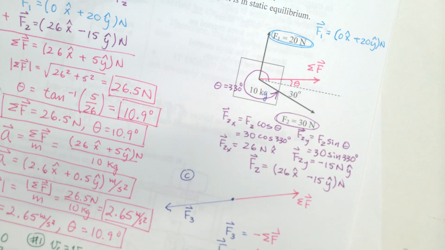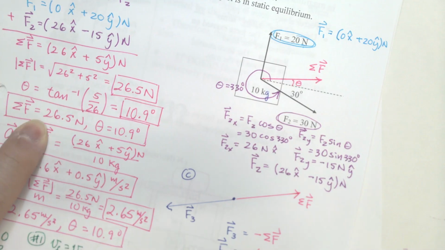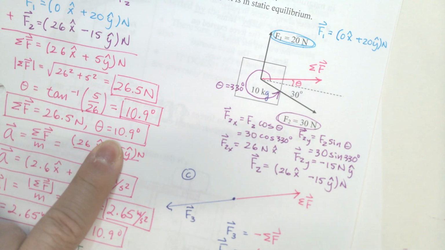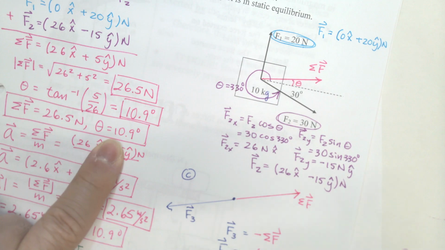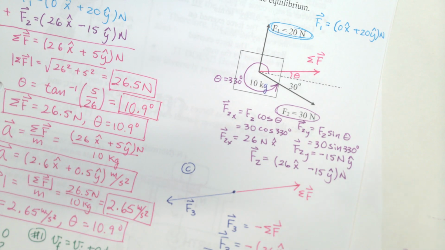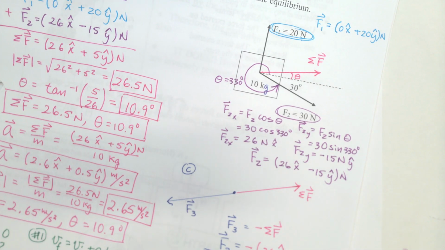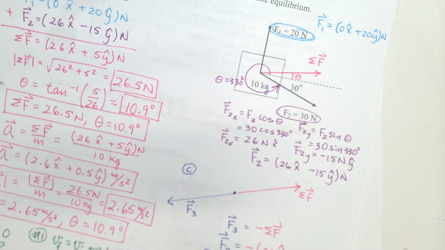Or you can say my F3 is equal to the magnitude of my net force, which is 26.5 newtons, comma, the angle should be 180 plus this theta. So my theta 3 should be 190.9 degrees, and that also would work out fine for my F3.